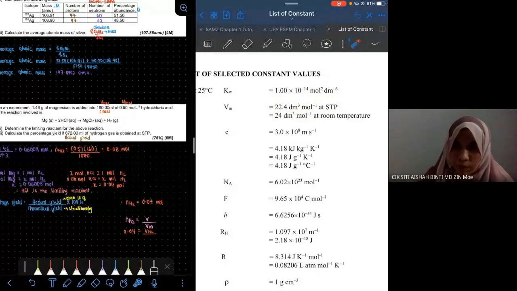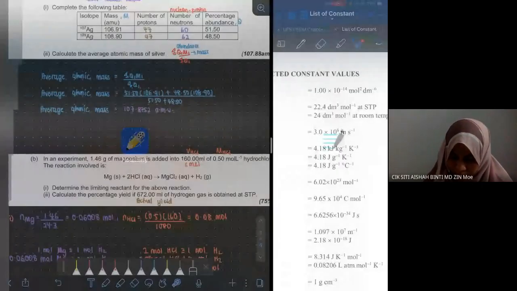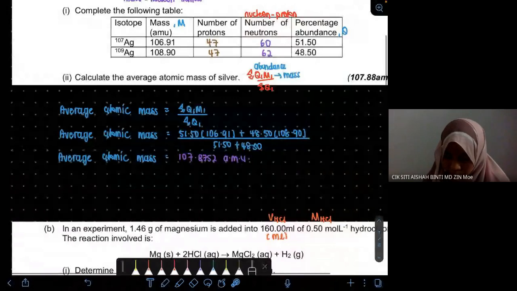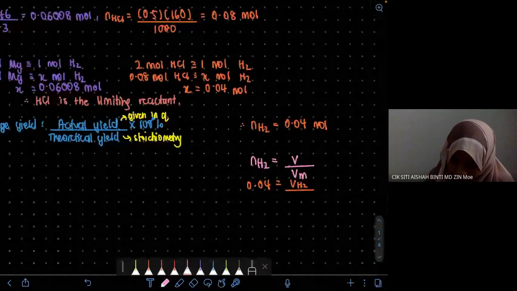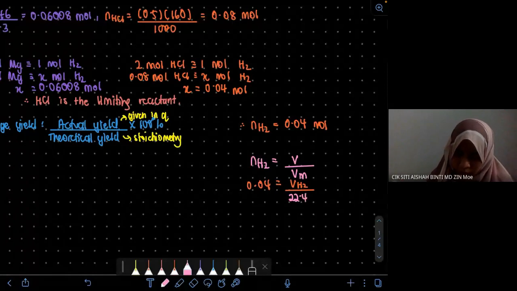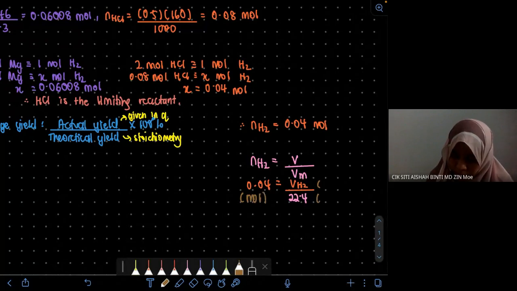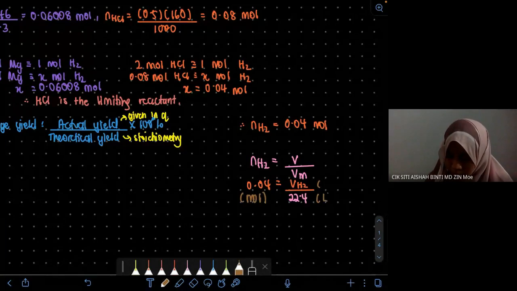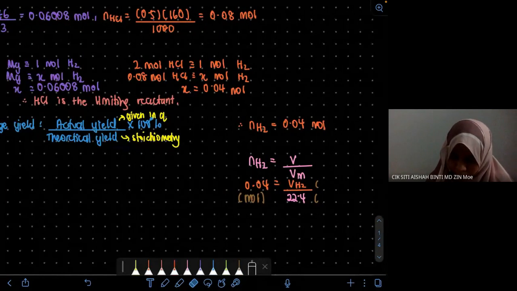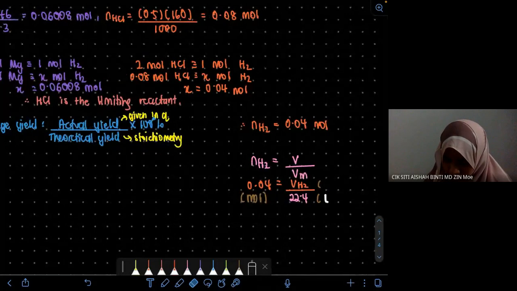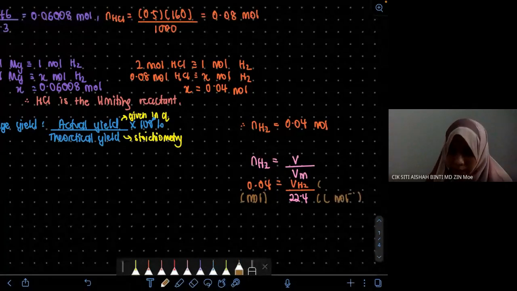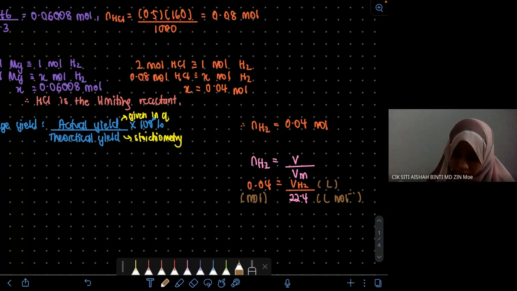You must write this down. Remember the unit here: since it is per mole, it is liter per mole. So the volume of H2 must be in liter as well.